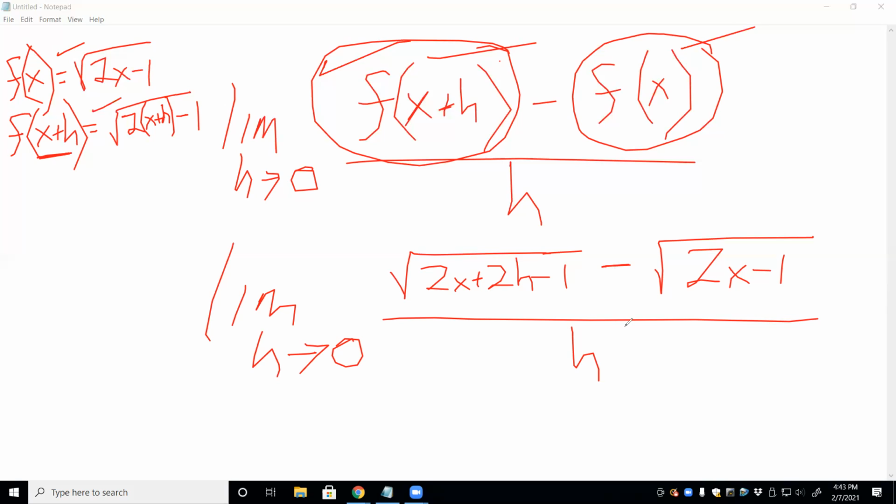The conjugate in this case is the square root of 2x plus 2h minus 1 plus the square root of 2x minus 1. I'm going to multiply the bottom by that and the top by that.